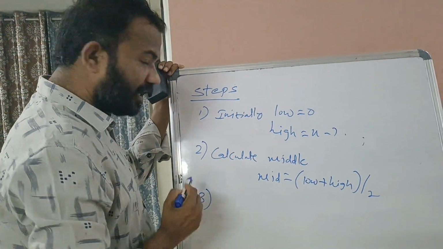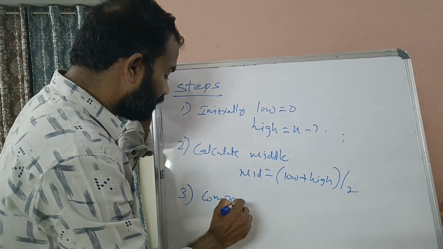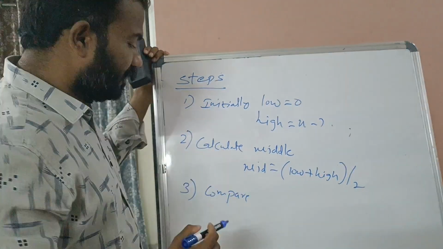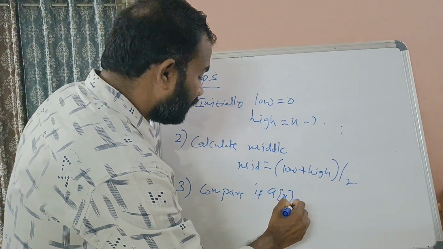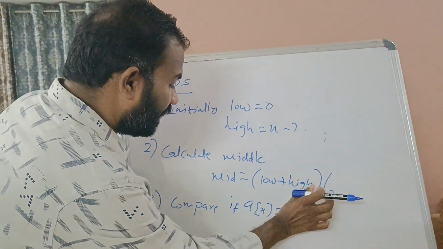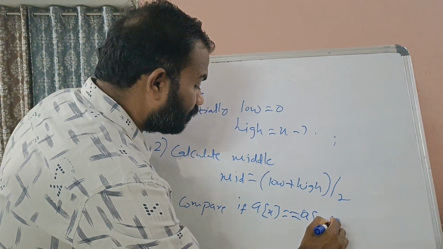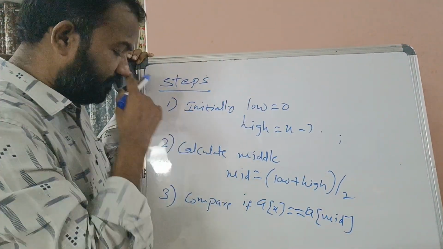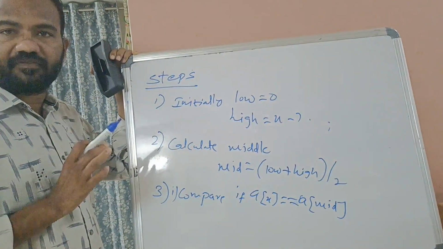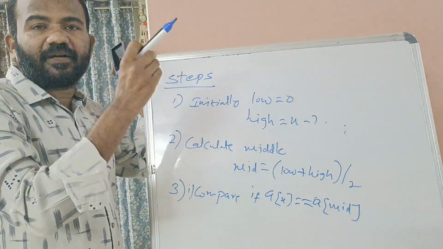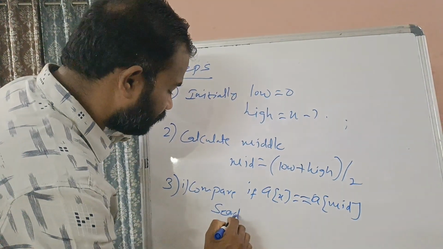Now we need to compare. Comparison starts here. Suppose the search element is x. If x is equal to a of mid, then the search element is present in the middle position.